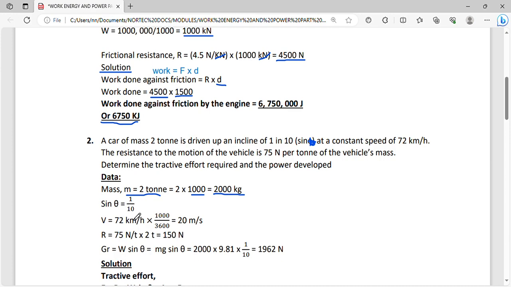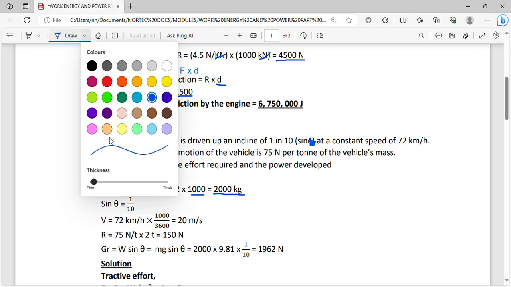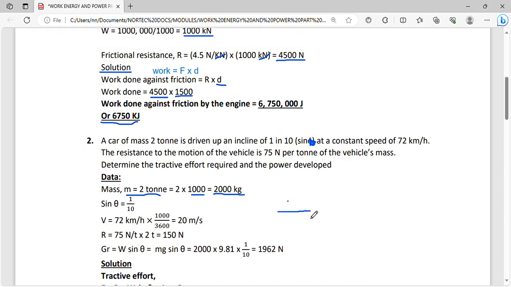The next thing you can see, let me even try to draw this for us. It's saying the incline is 1 in 10. Now the interpretation is like this: you use a right angle triangle.